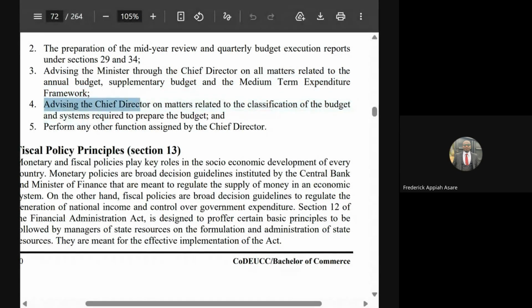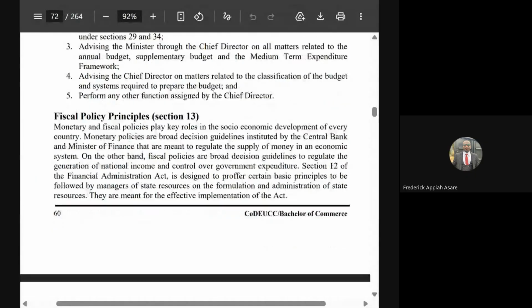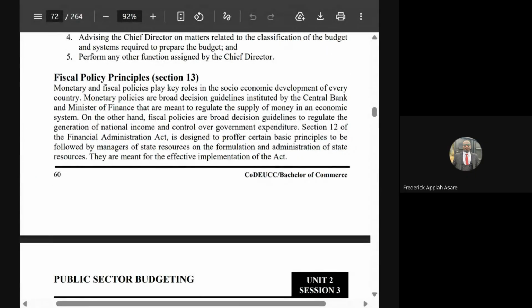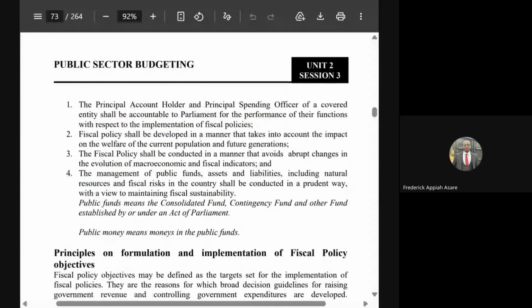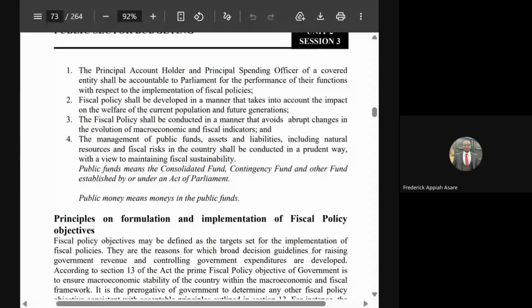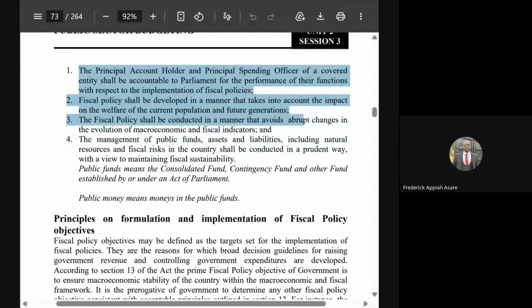They advise the chief director on matters related to classification of the budget and perform any functions assigned by the chief director. When it comes to fiscal policy principles, that is the monetary and fiscal policy, they also play key roles in the socio-economic development of every country. So you just have to read, it's very self-explanatory. They are the principal accounts holder and principal spending officer. Just learn and keep like 3 points in it.